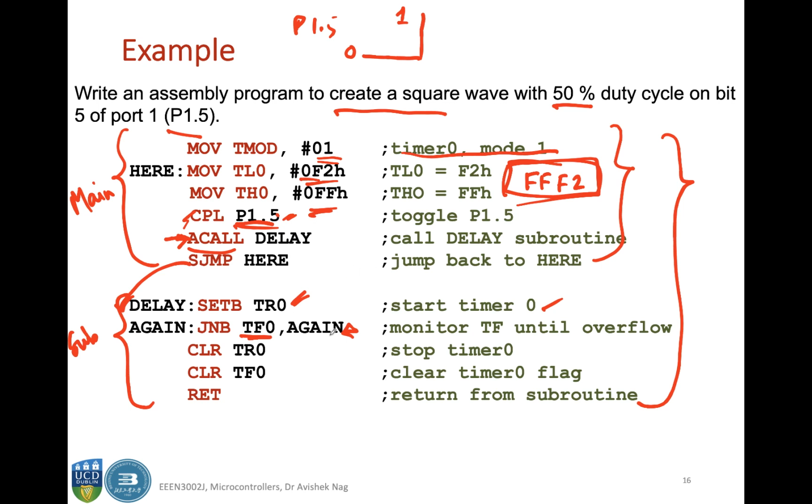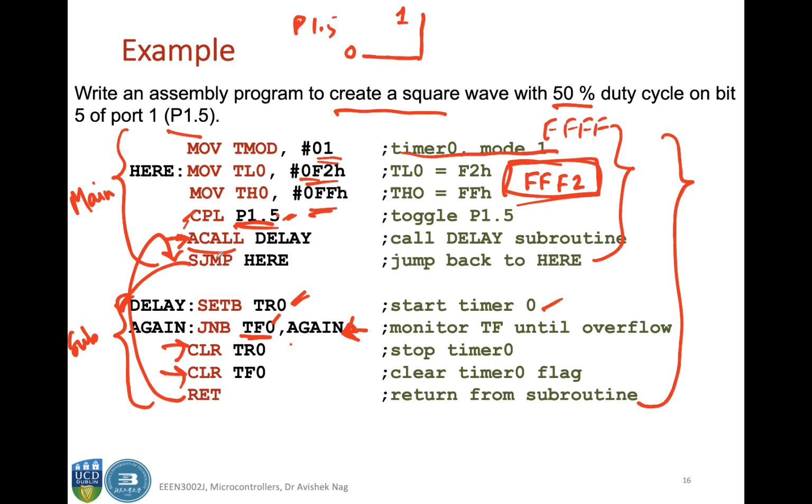Until it reaches FFFF, it remains here, and the moment it reaches FFFF, the timer flag 0 overflows, and you stop the timer, you clear the flag and return back here.